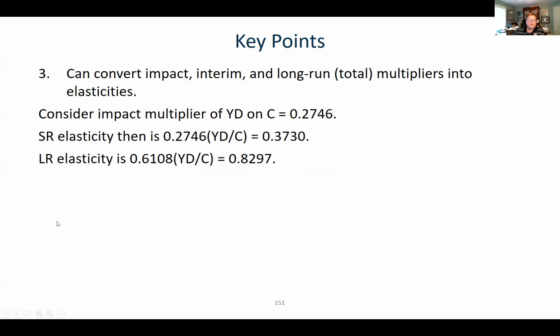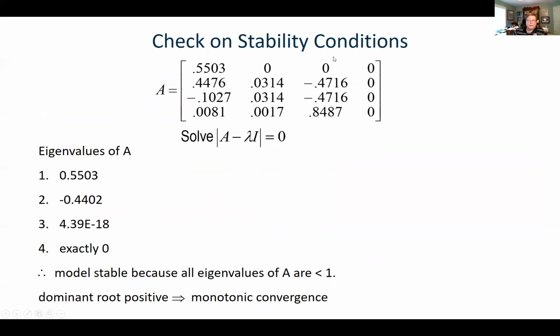Why is that? If we were to consider then the stability conditions, here is the A matrix, which has to be a 4x4 matrix. Get the 4 characteristic roots. Note none of them is complex.